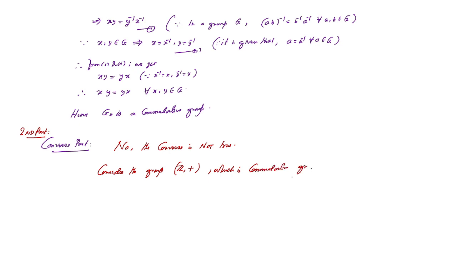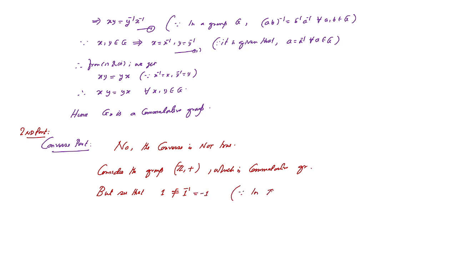Commutative group. But what we have seen, we see that 1 is not equal to 1 inverse. That means minus 1.